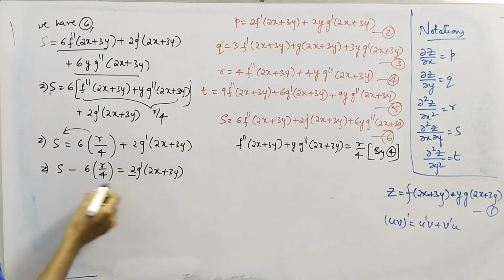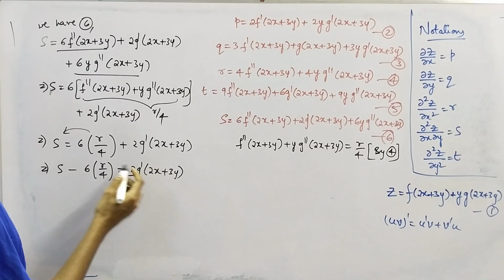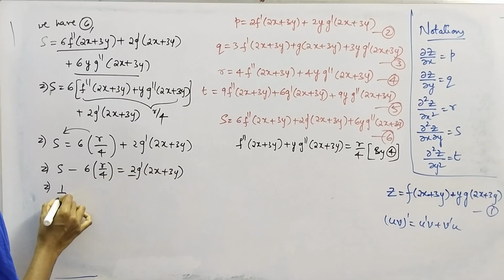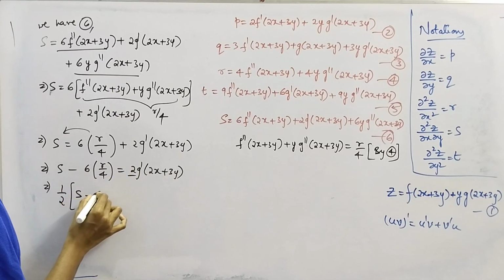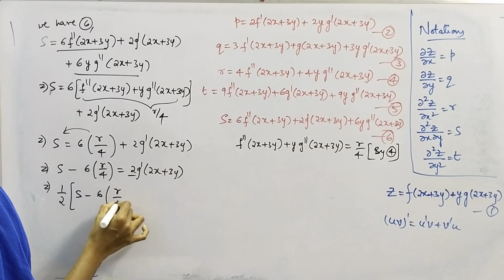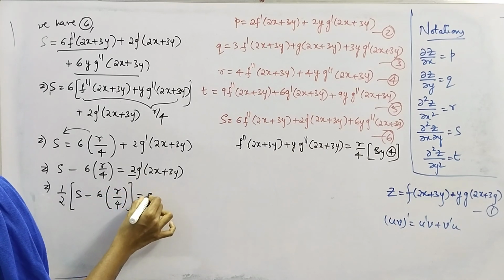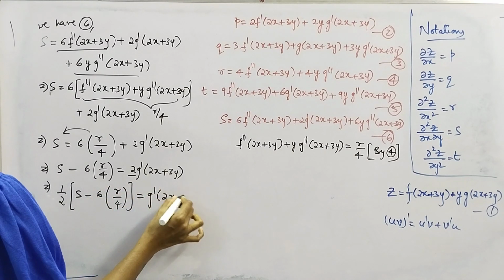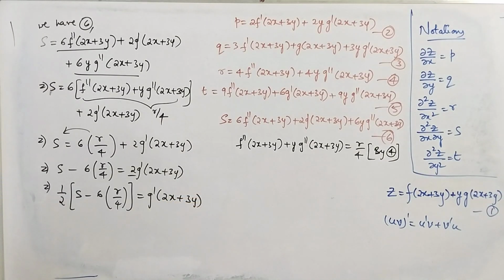Now divide both sides of the equation by 2. You'll get 1 by 2 into s minus 6 times r by 4 equal to g dash of 2x plus 3y. Fine.